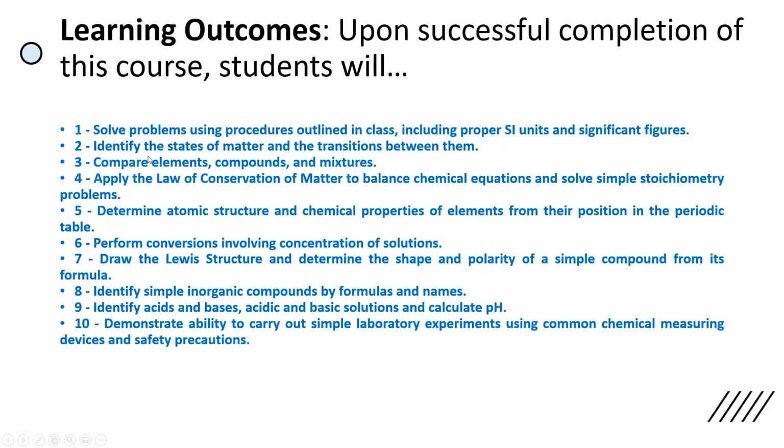We are going to compare elements, compounds, and mixtures. We are going to apply the law of conservation of matter to balance chemical equations and solve simple stoichiometric problems. Also, we are going to determine the atomic structure and chemical properties of elements from their position in the periodic table.